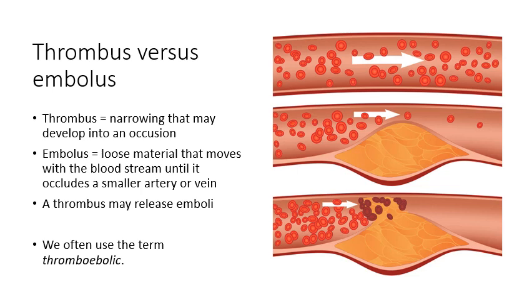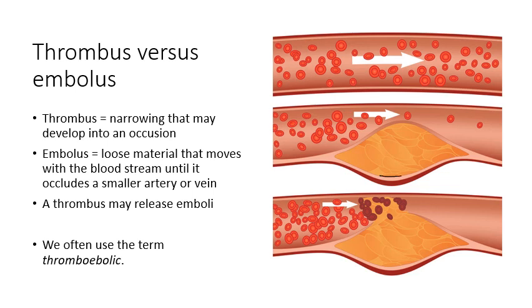And then really shortly, I'm just going to mention thrombus versus embolus. The layman's term is clot. So you'll hear the word clot a lot of times. But we distinguish between a thrombus and an embolus in the sense that a thrombus is a narrowing that develops on site.